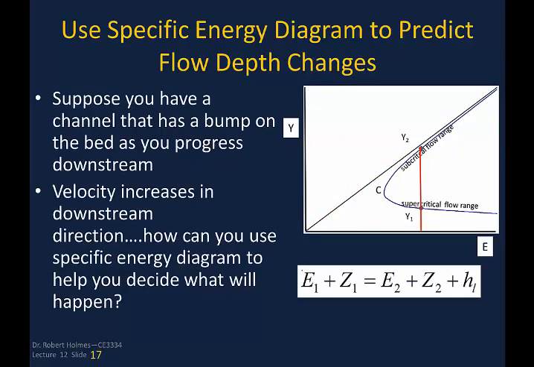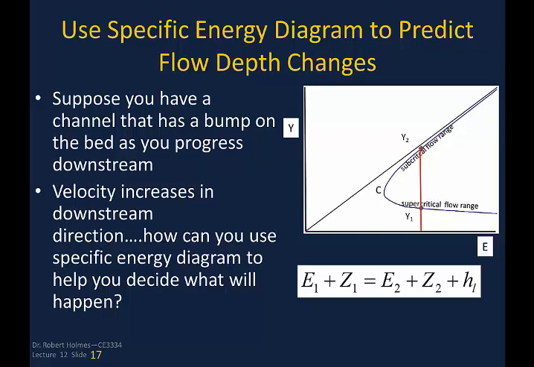We can use the specific energy diagram to predict what's going to happen. So we've got equilibrium conditions, uniform flow, but all of a sudden we put a bump in there. What happens when we disturb it by putting in a bump?